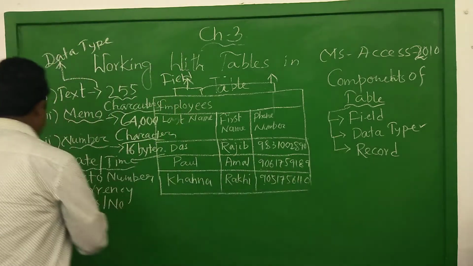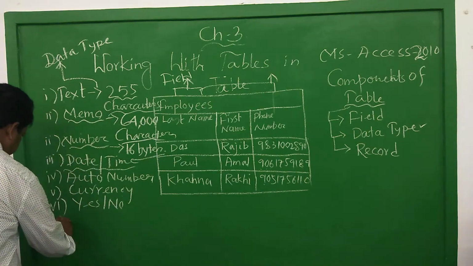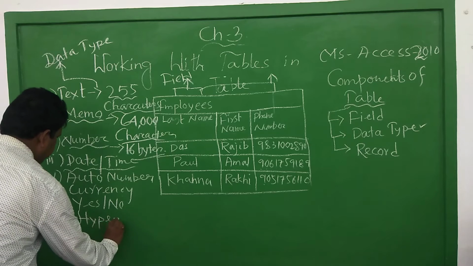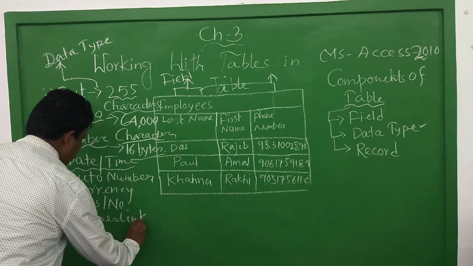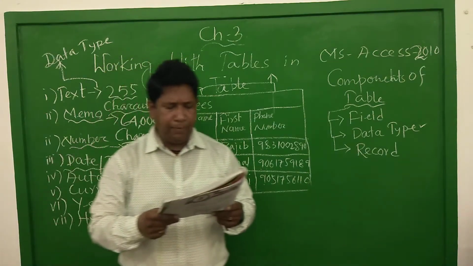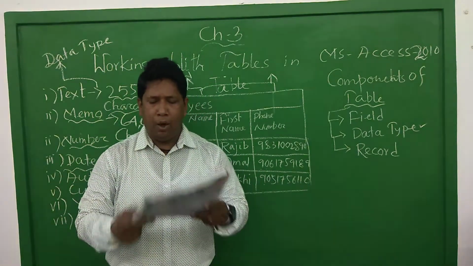Next is hyperlink. What is hyperlink? A field with this data type can store a link to a website or email address.